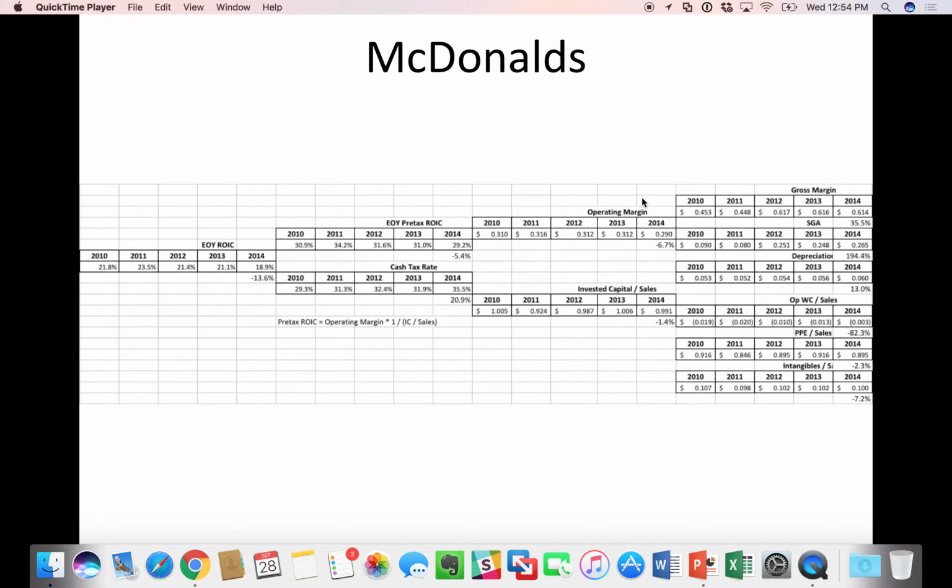Because the productivity they were actually managing a little bit better, it was the decline in margin that really drove down their pre-tax ROIC, in this case by 5.4%. This is what I mean by the first level of analysis. What you have to do is you always have to talk about 3 drivers, because those 3 drivers will always, for operating performance, in particular for manufacturing and service firms, explain the ROIC.